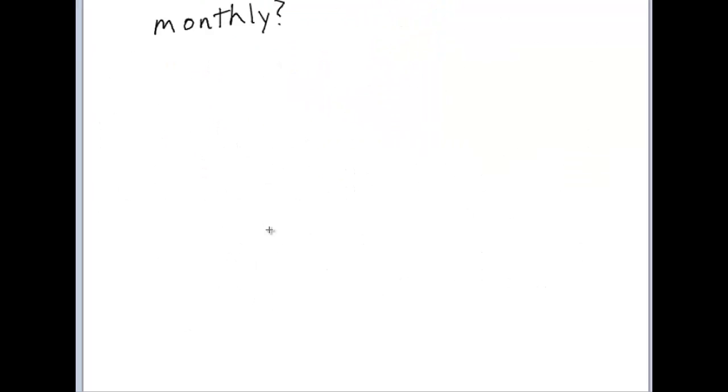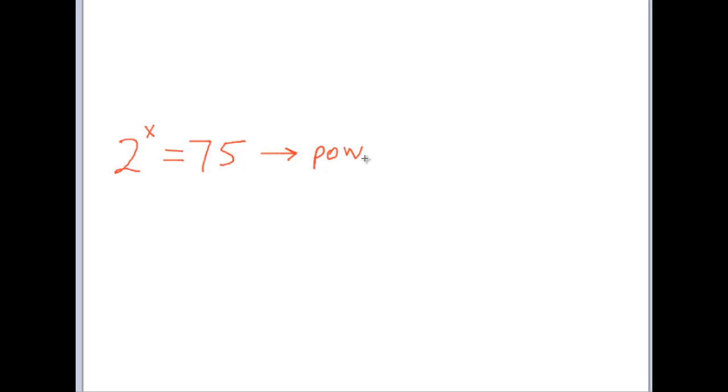I'm going to scroll past this problem a little bit and write our rule down again. Our rule simply says that if we're trying to do a problem like 2 to the power of x equals 75, well, we can write that as what power of 2 is 75? And our calculator doesn't have this power, so we actually write that as log base 2 of 75 is what?